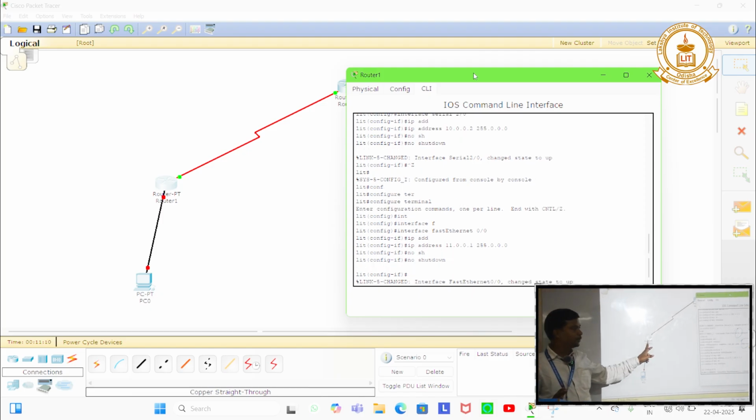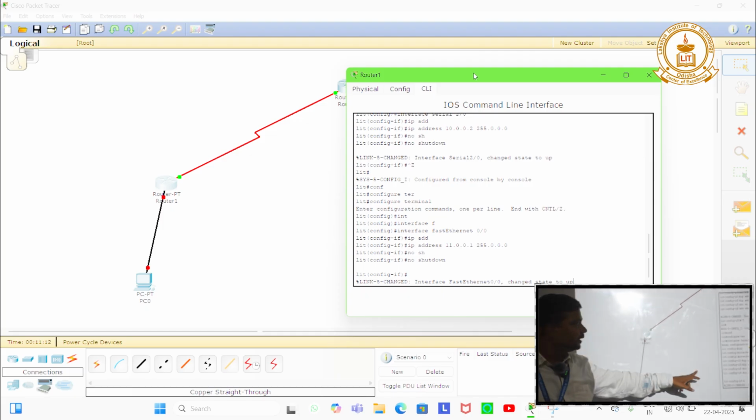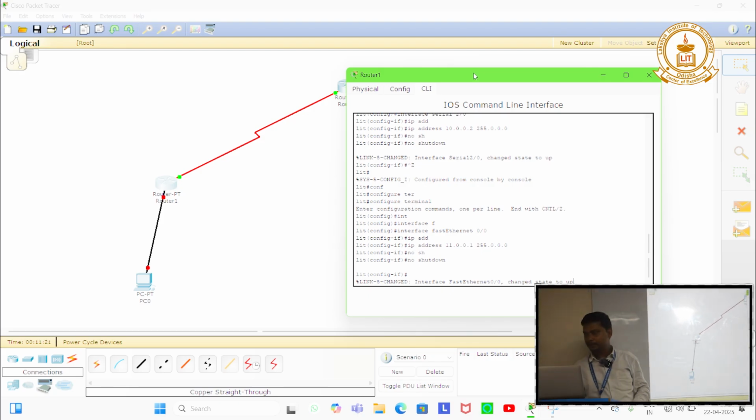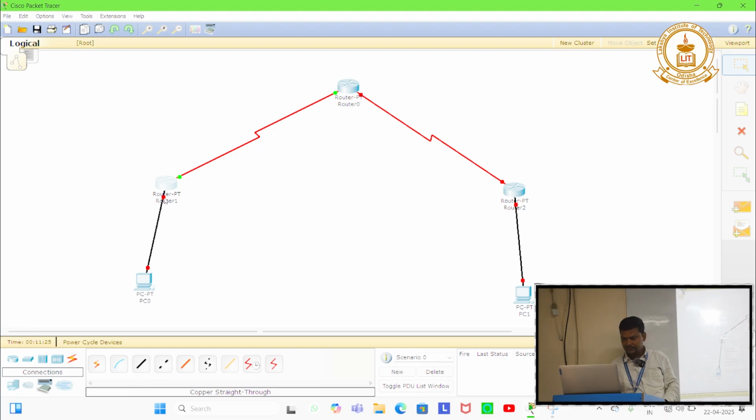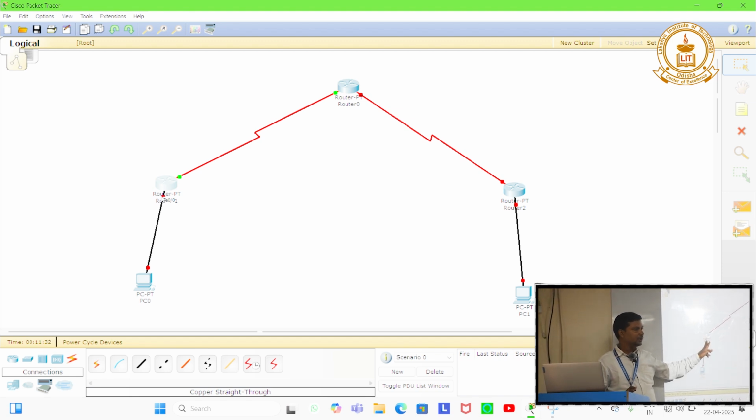But which port are we connecting? We are configuring interface fast Ethernet 0x0, but the port is not connected. Okay, simply verify the port FA0x0. So what is the problem? We are going to troubleshoot. We are configuring this port, but this port is not green. So how to check the configuration, how to check the port, how to check the status.